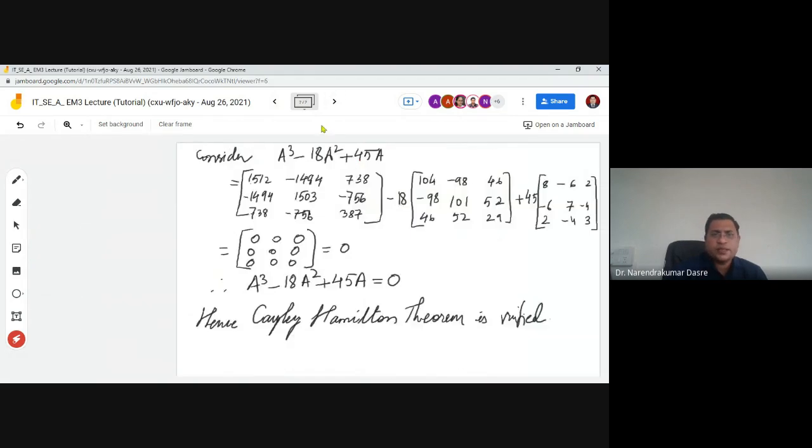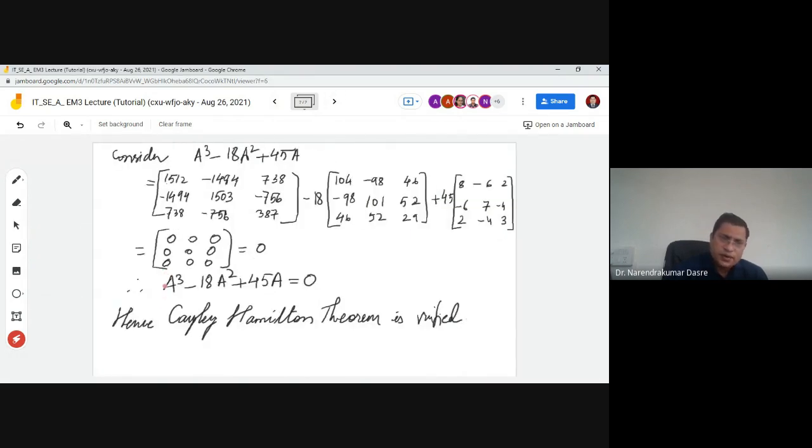Hence we can say that the matrix A satisfies its own characteristic equation. That means it satisfies the Cayley-Hamilton theorem, so the Cayley-Hamilton theorem is satisfied, or we can say we have verified the Cayley-Hamilton theorem.